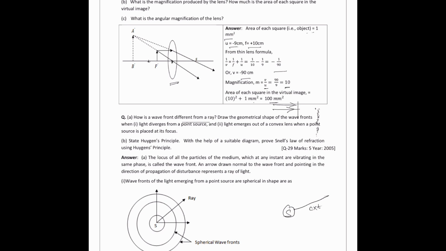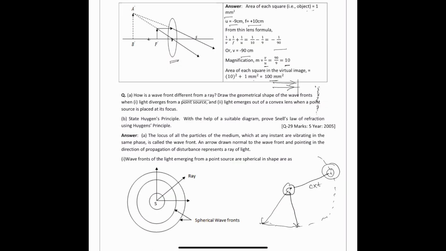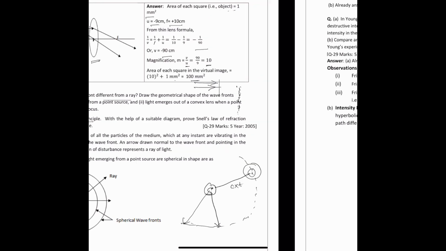Keep S as center, ct as radius, and draw an imaginary sphere. This surface is the position of the wavefront after an instant of time t. Okay, so this is the position of the secondary source of light. Correct. So Huygens principle we have already explained.